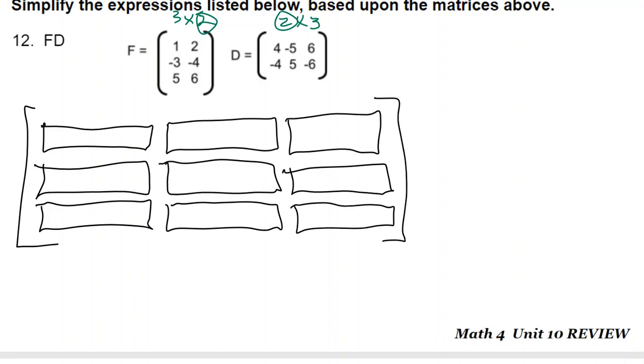Okay, there is our 3 by 3. We're going to start with row 1, column 1. 1 times 4 plus 2 times negative 4.